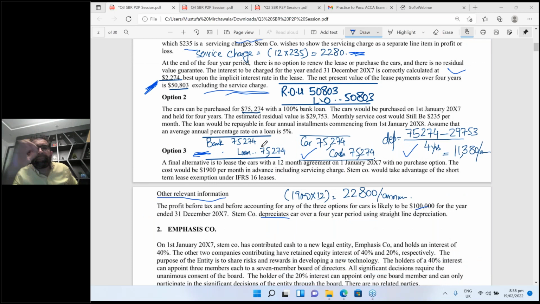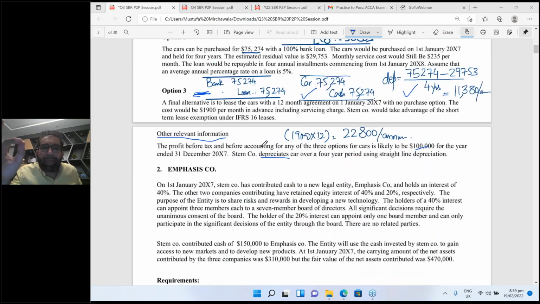You all know this much, IFRS 16. If you buy any asset on lease for less than 12 months, then this is an operating lease and you don't need to recognize any ROU or any lease obligation. Read it. A final alternative is to lease the car within a 12 months agreement on 1st January X7 with no purchase option. So it is a pure less than 12 months deal.